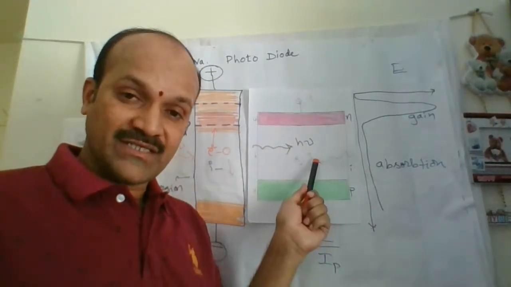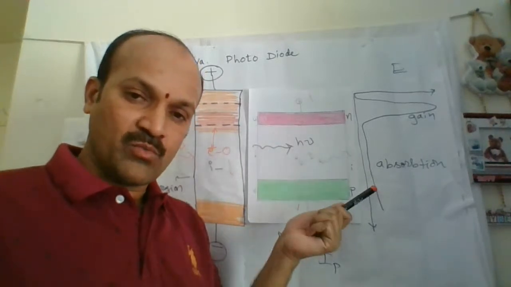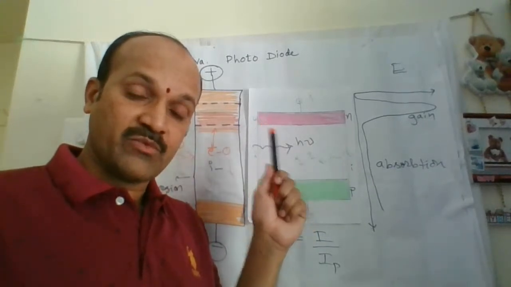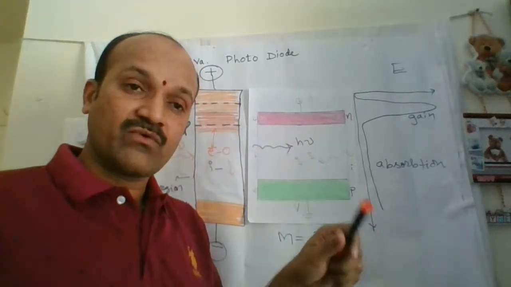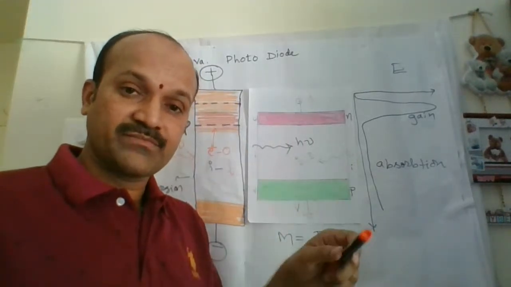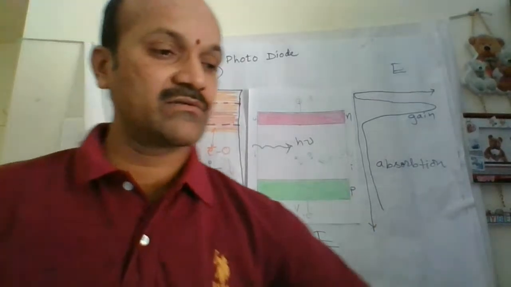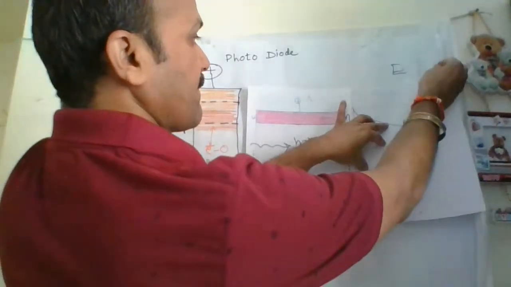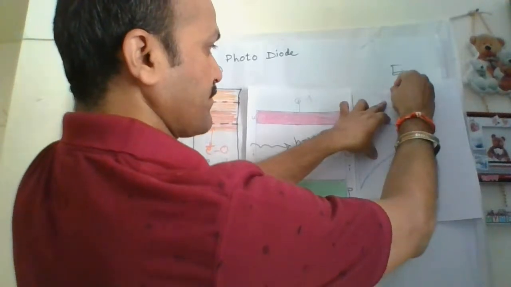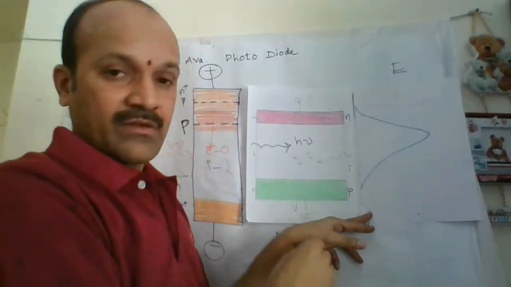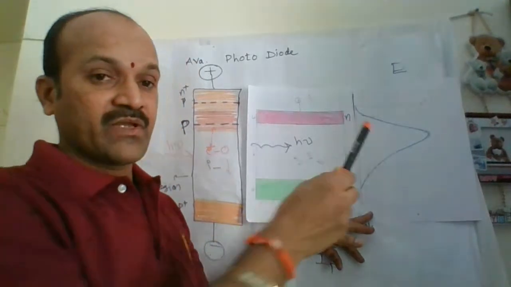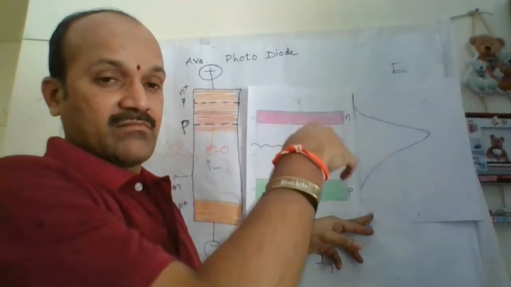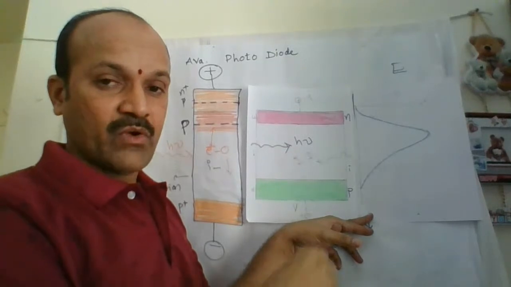When a photon is incident, the same phenomenon occurs. An electron hole pair will be created, and the electron moves according to its polarity, and you can see additional current flow in the circuit. Now look at the graph and see how the electric field varies. We take electric field on this axis and the length of the material along the other.